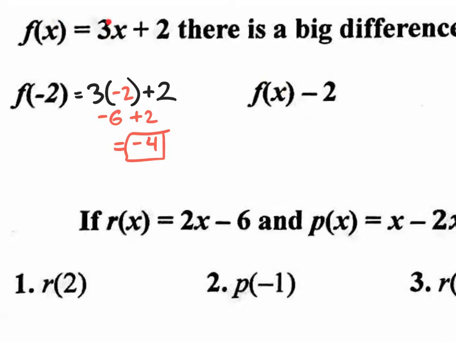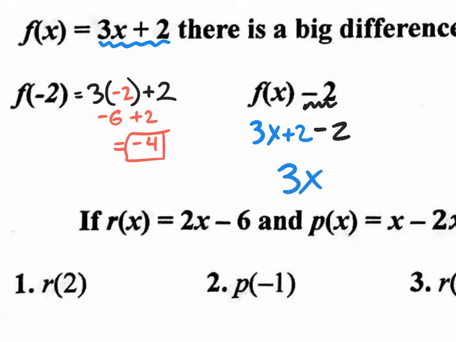Well, let's just write that in place of f of x. 3x plus 2, let's write it out. And then we have this minus 2 at the end, so put minus 2. And what's our final answer going to be? If you simplify, just 3x. Why is that? Because the plus 2 and the minus 2 become 0.